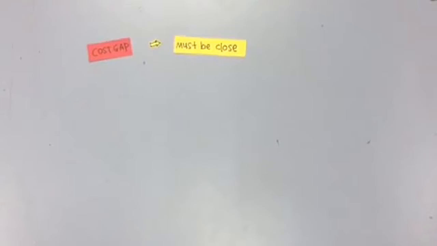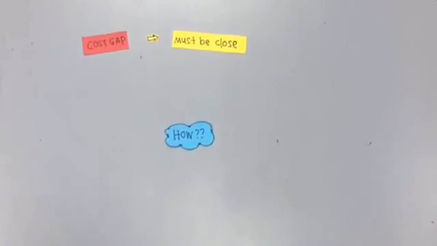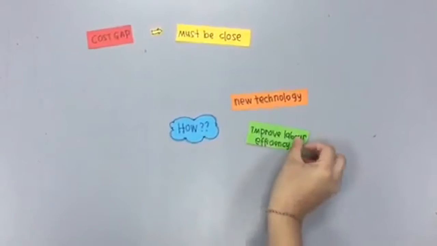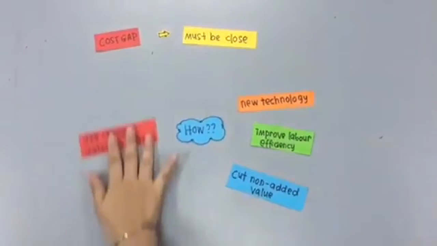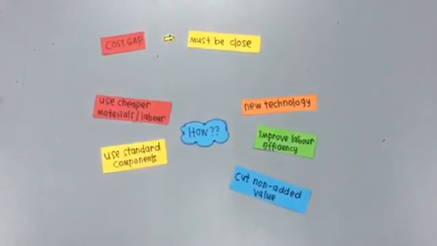There are several ways to close the gap, but it also depends on the scenario. Examples of ways to close the gap are using new technology, improving labor efficiency, cutting non-value-added activities, using cheaper materials and labor, using standard components, and reducing the number of components.